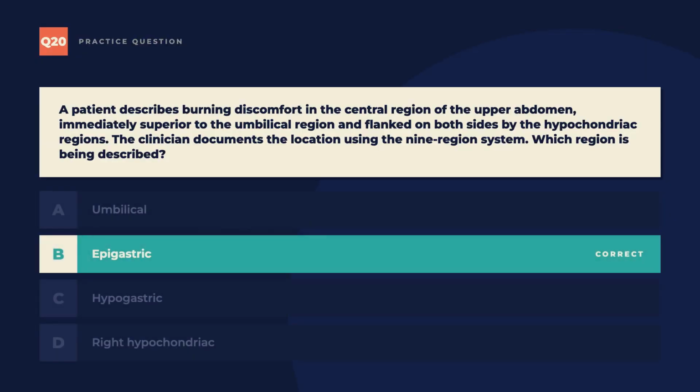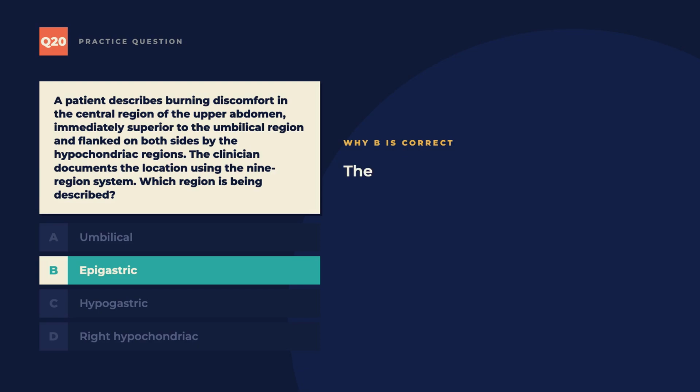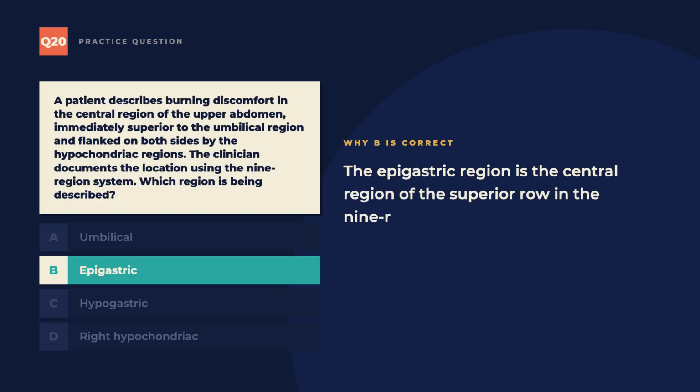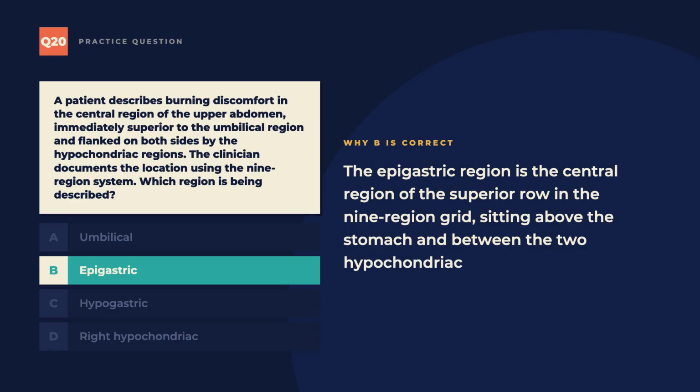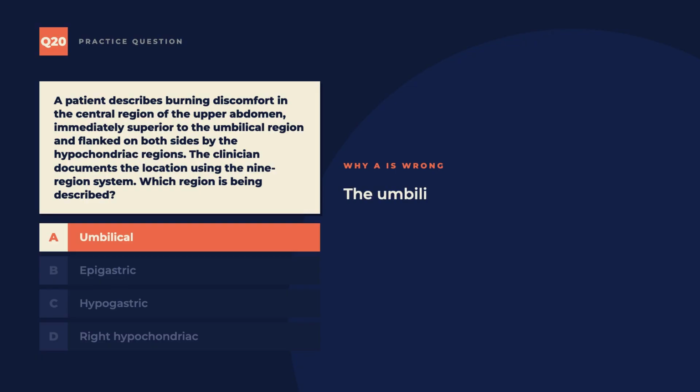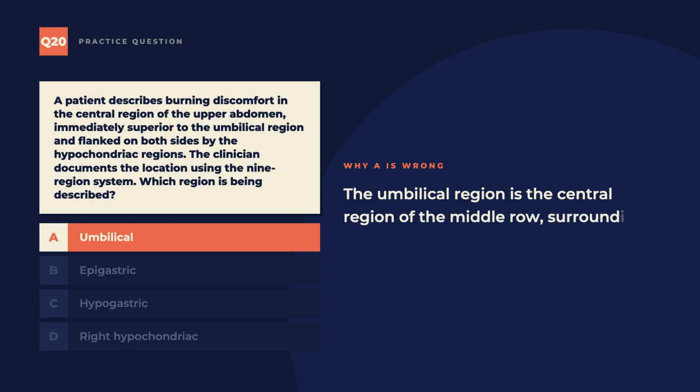The correct answer is B. Epigastric. B is correct because the epigastric region is the central region of the superior row in the 9-region grid, sitting above the stomach and between the two hypochondriac regions. Its position immediately superior to the umbilical region confirms the identification. A is wrong because the umbilical region is the central region of the middle row, surrounding the navel.